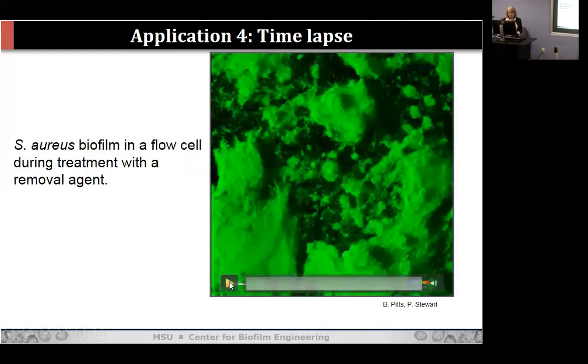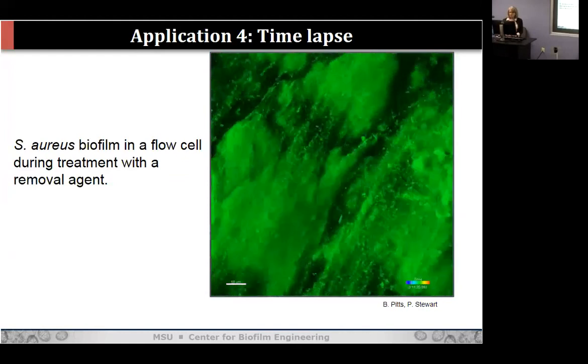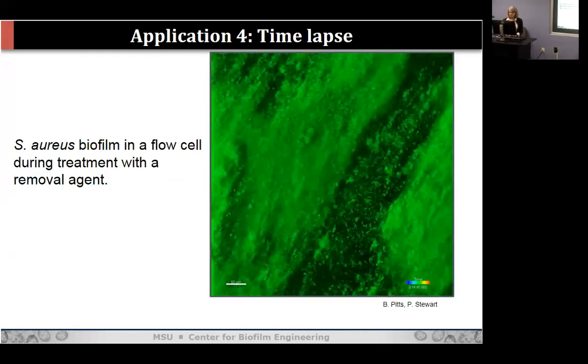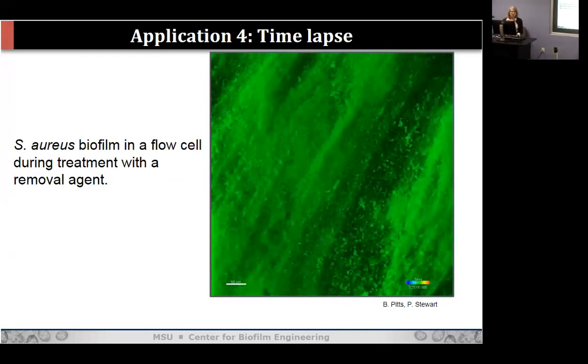Another one, a Staph aureus biofilm expressing green fluorescent protein in a flow cell during treatment. So being able to watch this happen is pretty powerful.